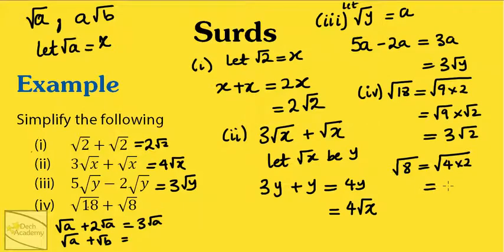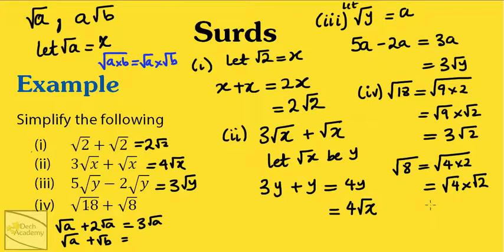So I can write this as the square root of 4 times the square root of 2. So just in case you're not aware, anytime you have a situation of the form the square root of a times b, you can rewrite it as the square root of a times the square root of b. This also applies if you have, say, the square root of a times b times c, which is the same thing as square root of a times square root of b times square root of c.